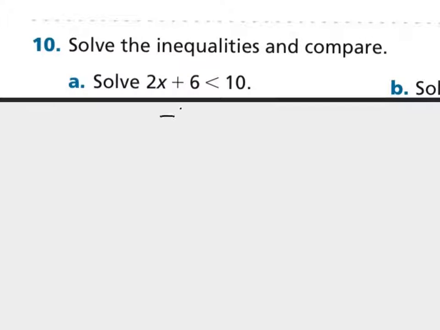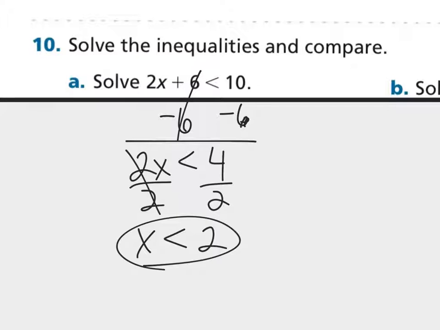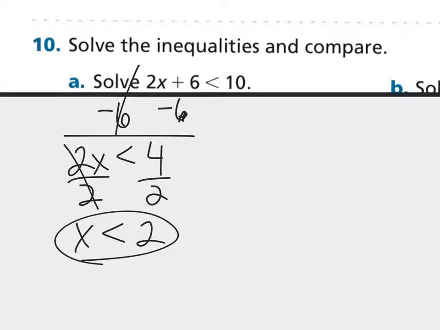They're adding 6, so we can subtract 6 on both sides of the inequality. And then they're multiplying, so we can divide by 2. And once again, the sign's going to stay the same, so x is less than 2.